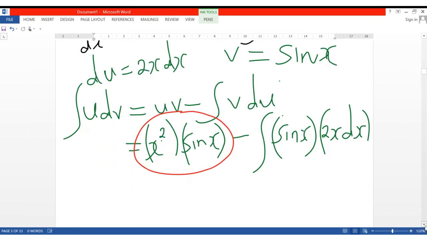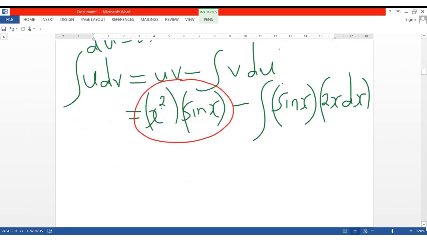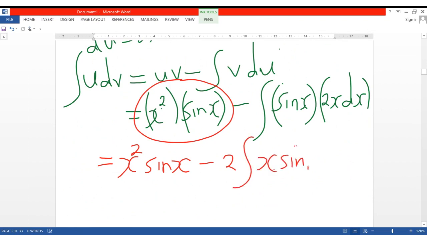So this one I'll get as x squared sin x. Now I can remove the 2 outside, it is not playing any part. And it's always good to start with the x, then I have sin x dx.